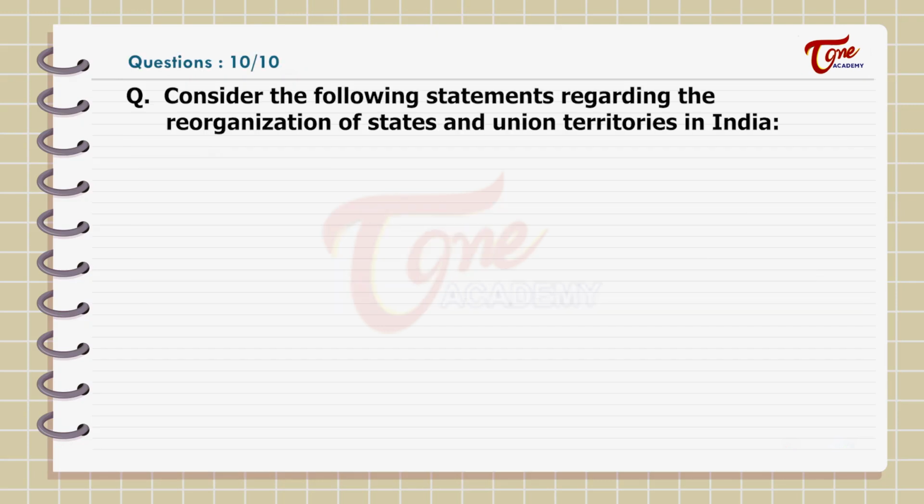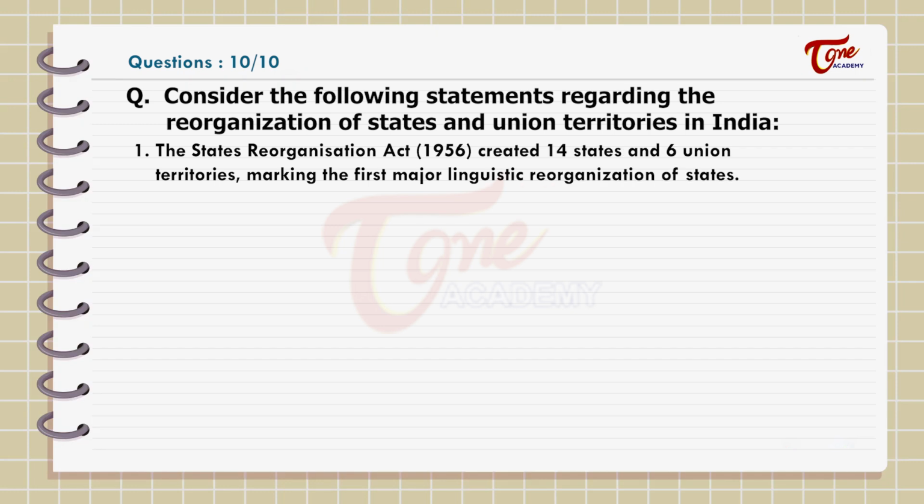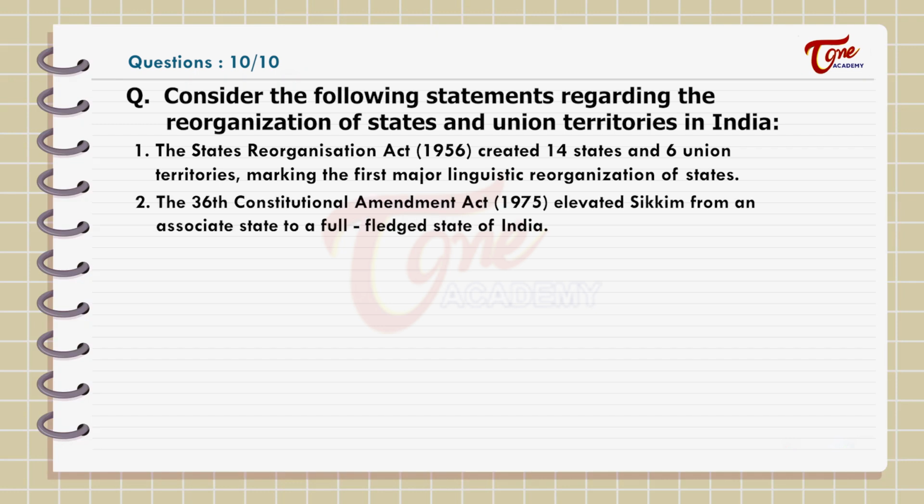Consider the following statements regarding the reorganization of states and union territories in India. Statement 1. The States Reorganization Act 1956 created 14 states and 6 union territories, marking the first major linguistic reorganization of states. Statement 2. The 36th Constitutional Amendment Act 1975 elevated Sikkim from an associate state to a full-fledged state of India.